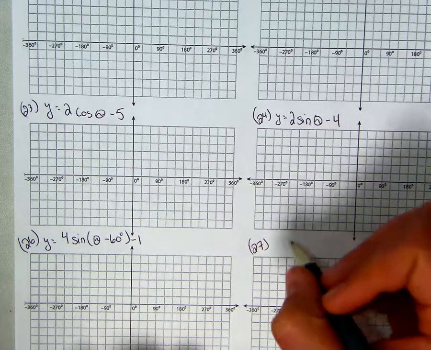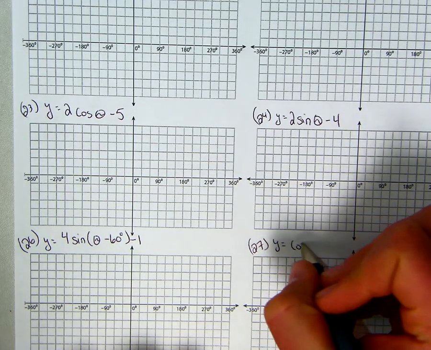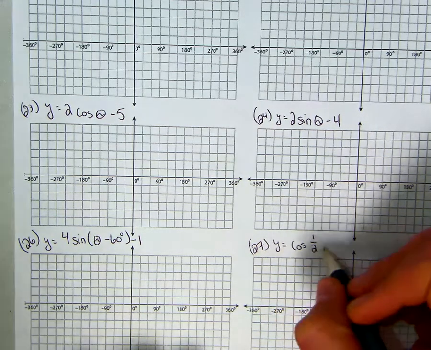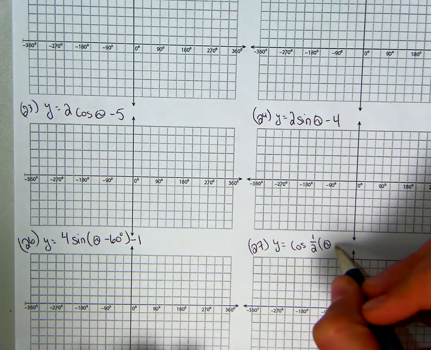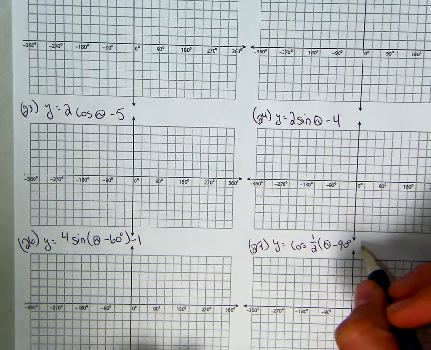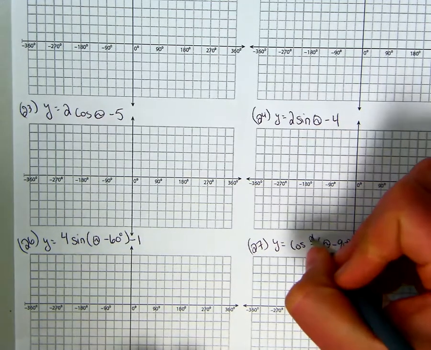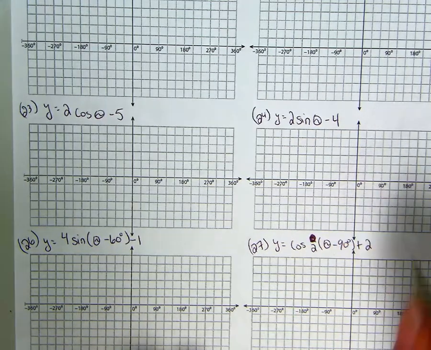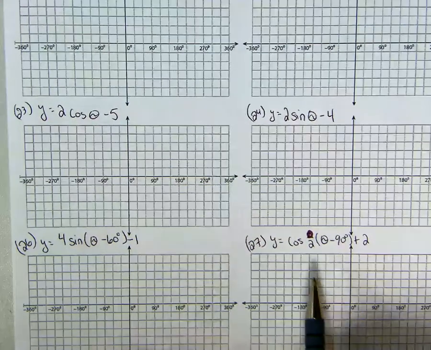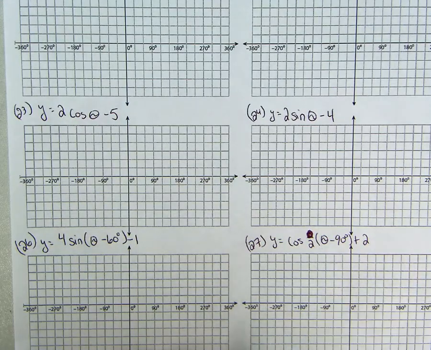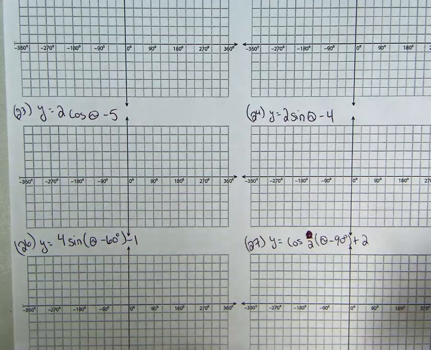And then 27, y equals cosine of 1/2 theta minus 90 degrees plus 2. I'm going to change this to just cosine 2 actually. All right, so I want this one to be cosine of 2 times theta minus 90 degrees.